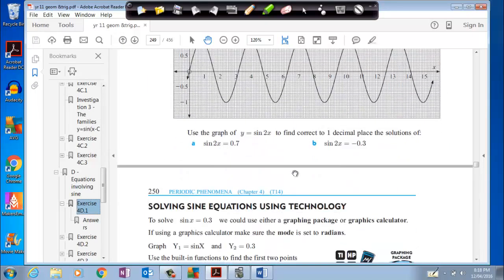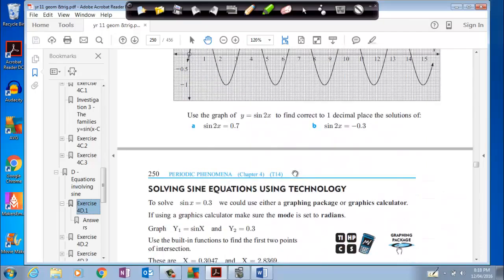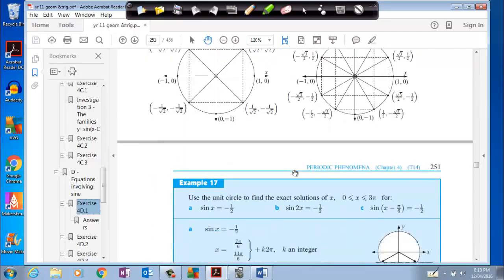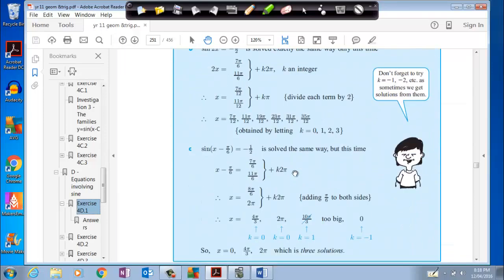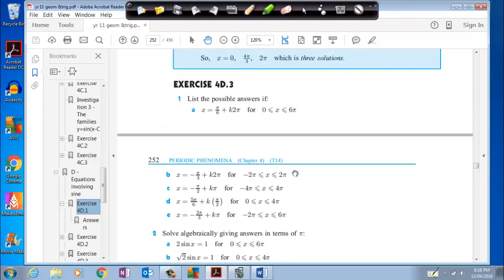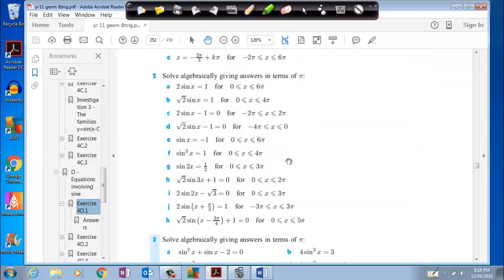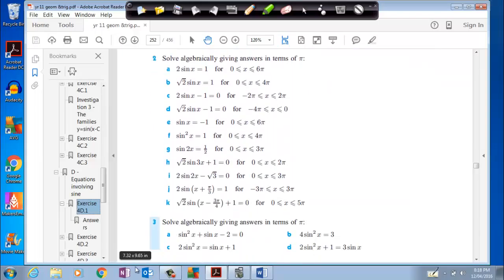Okay, now instead of using the graphics calculator, we're going to do it algebraically, exactly the same way. So we'll do the first one, 4D3, and we'll start with question 2.